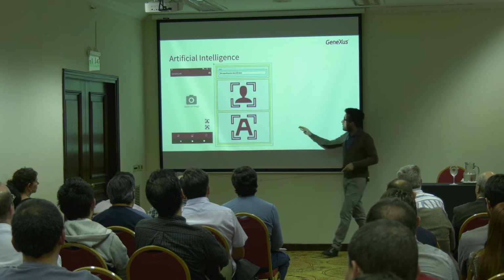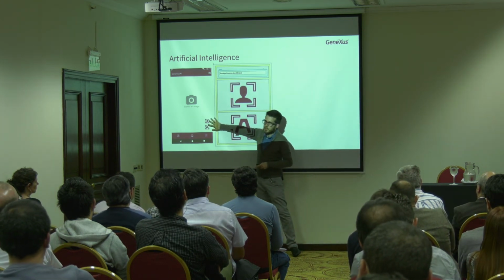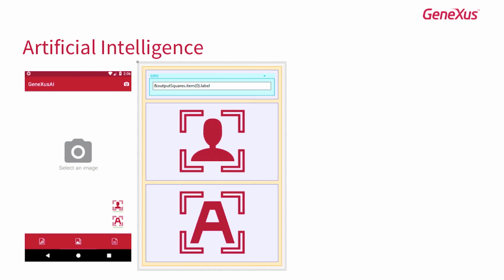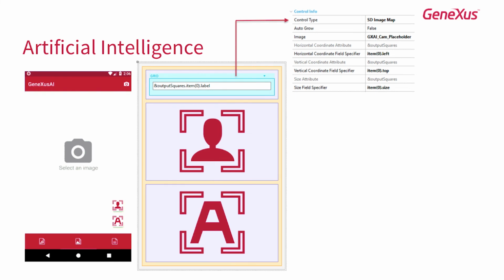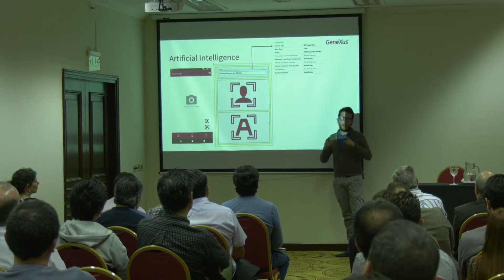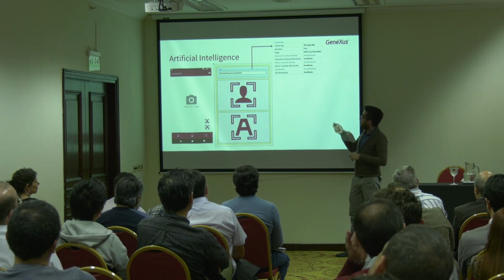How is this panel designed? We have a canvas and the two buttons that appear as floating, and we have a grid that is an image map. This allows me to draw the upper corner, then the left corner, the X and Y. In this case, it's just squares, not rectangles, but we're going to improve this later.